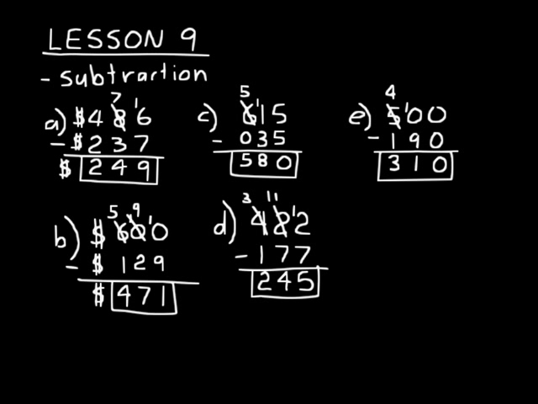So in the subtraction algorithm, you have to borrow from the column to the left as needed. You can borrow 10 from the tens column, borrow 100 from the hundreds column. Always cancel that digit out, and then put above it 1 less, and then move a 1 over to the next column to the right.